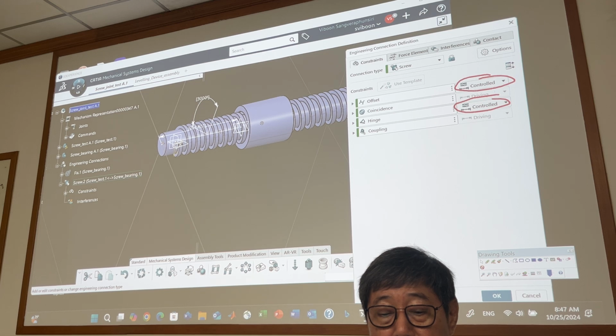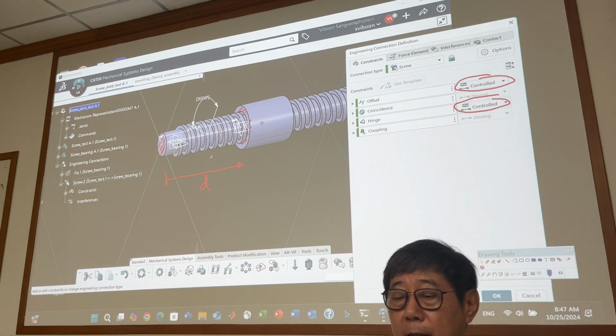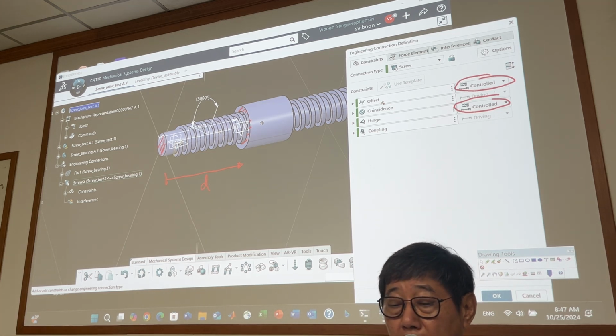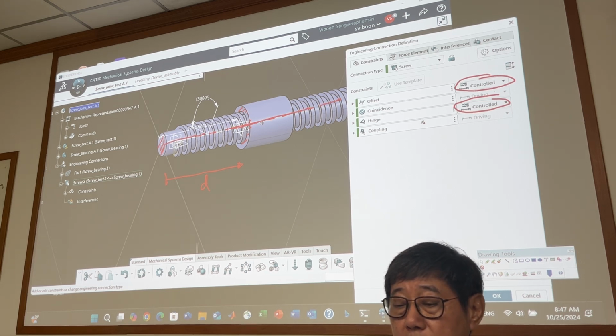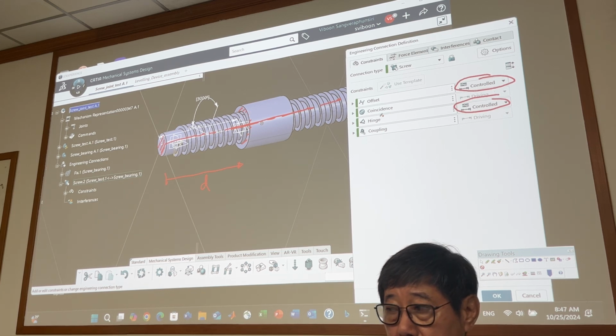The offset is between this one and this one, because you are in a relationship between, let's say this is the bearing and this is the screw. The offset is this one, because when you are traveling, this D is the bearing, right? And coincident is the rotation, right? Coincident this one with the same as this one, right? Coincident between this rotate and this rotate is the axis of rotation.